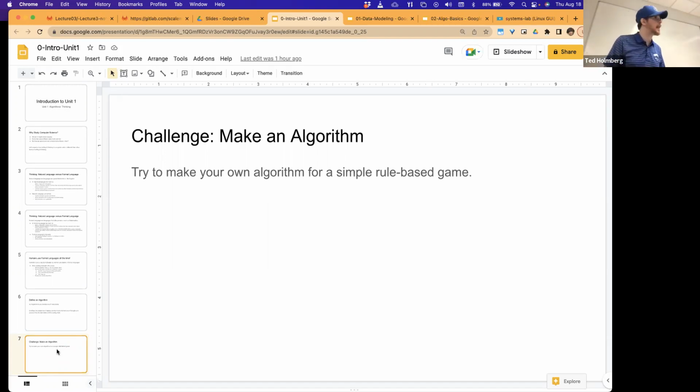It's not designed to be an application or software, but see if you can define something step-by-step that's so good you can hand it to a friend or a family member, and they can follow it and play the game the way you intend it. Because that can show you some of the pitfalls that can exist with defining an algorithm, the step-by-step process, and using the appropriate data models to model what it is you're processing.